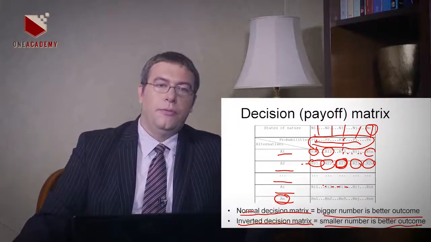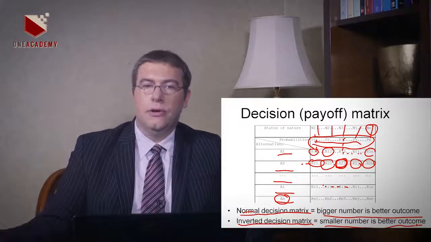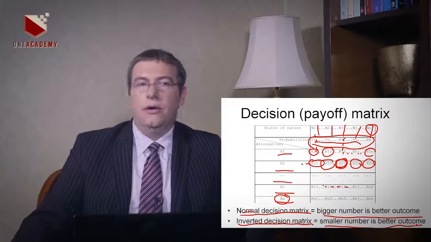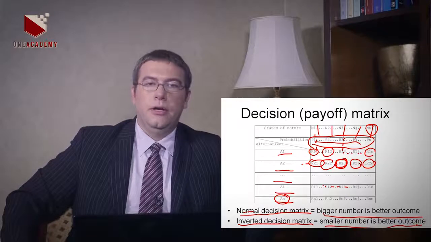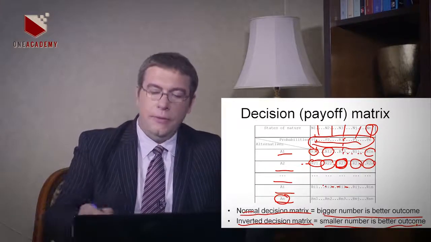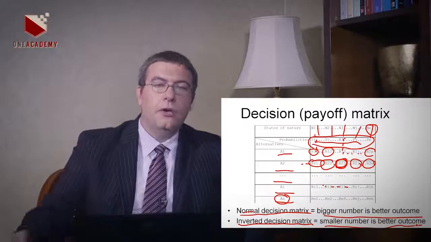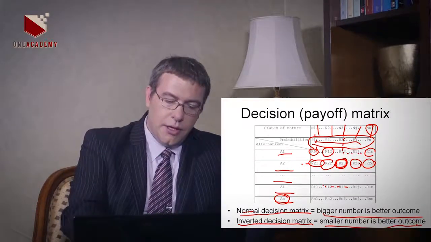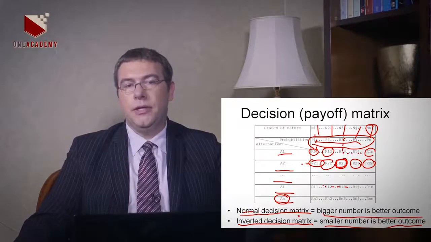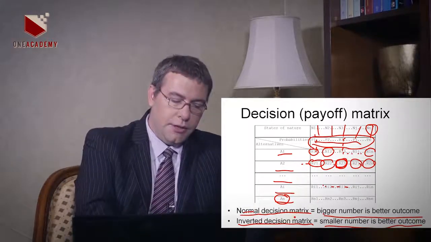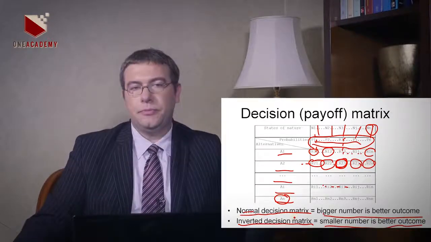And depending on what sort of factors there are, for example, location of the house or the season when we are building, or the market for commodities or whatever, we might have higher or lower costs. So if we have costs here, the lower the number, the better for the decision maker. And in this case, we would have an inverted matrix. And every time we make a decision using the normative reasoning decision approach, we should always first check whether this is a normal decision matrix or an inverted decision matrix. Otherwise, we might make a big mistake.